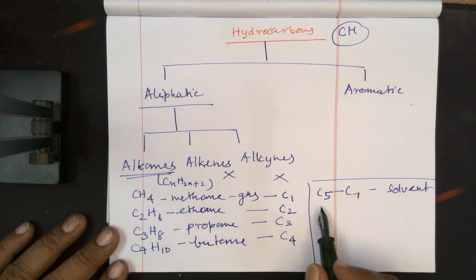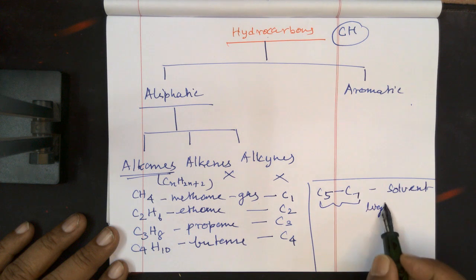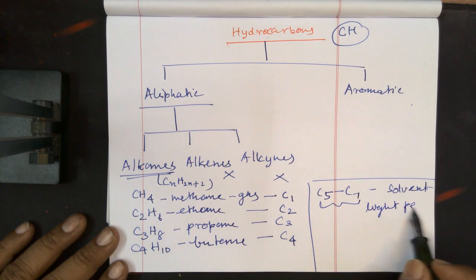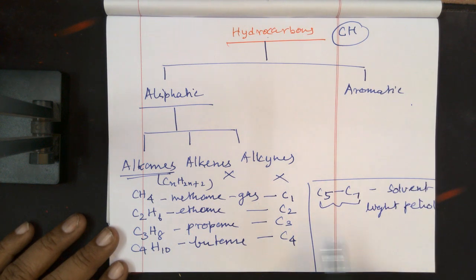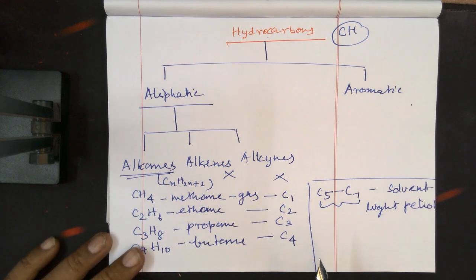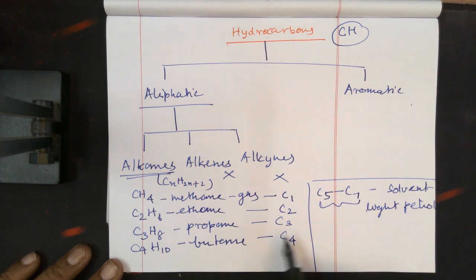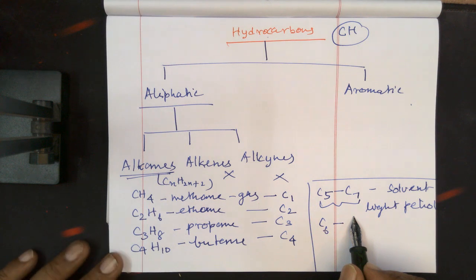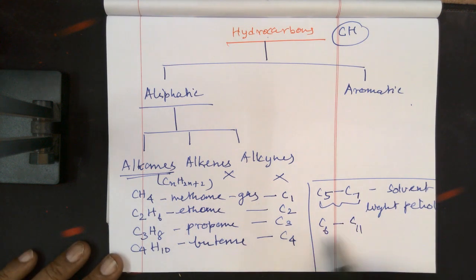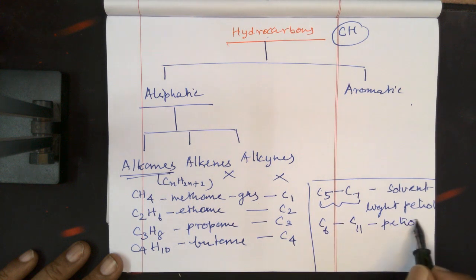In fact, this range is called light petrol, also used as fuel. And the motor fuel is having C6 to C11. So this is the petrol, and this is used for fuel.